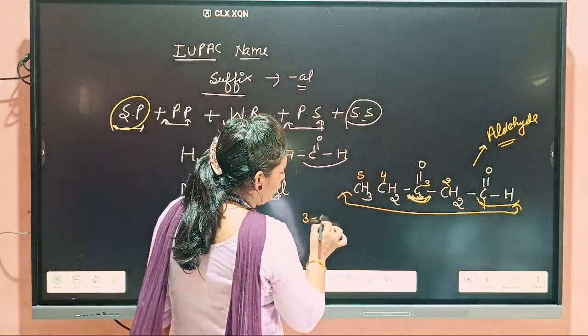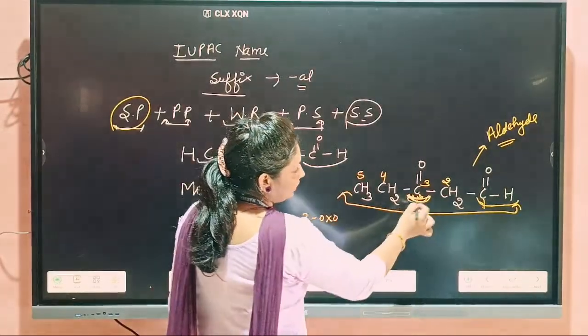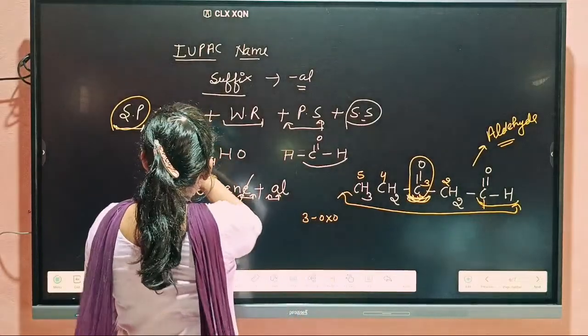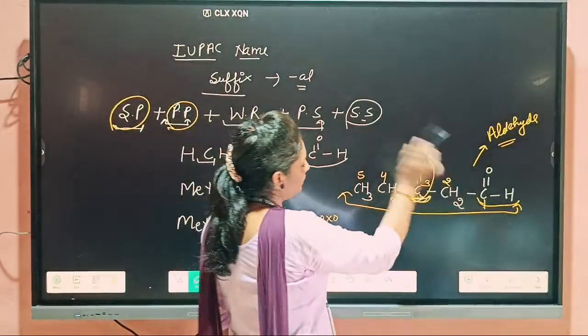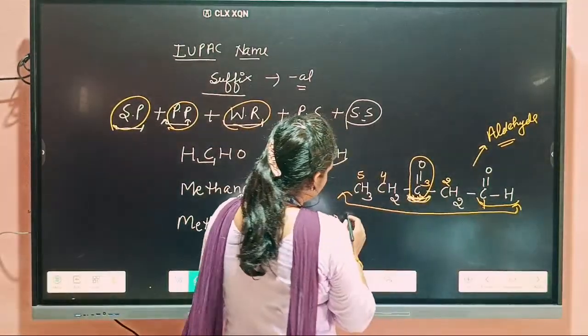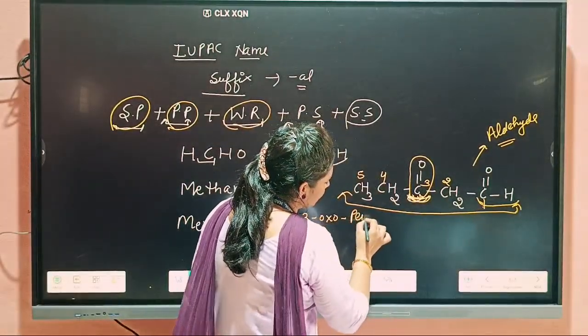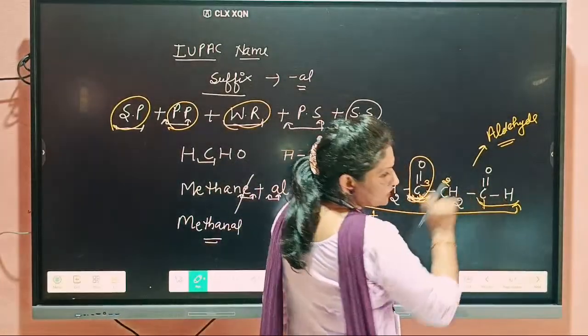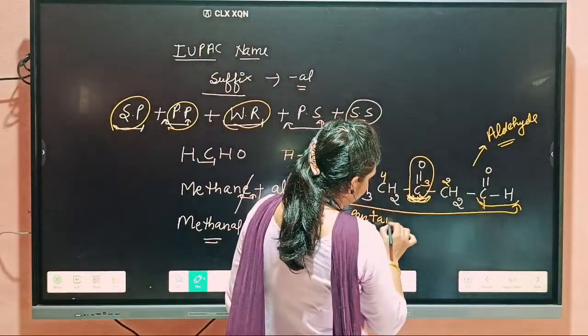So it is 3-oxo for this group. Then no ring is there. Then the word root, number of carbon atoms, there are 5. So 3-oxopent. Carbon to carbon, all bonds are single, so pentane.